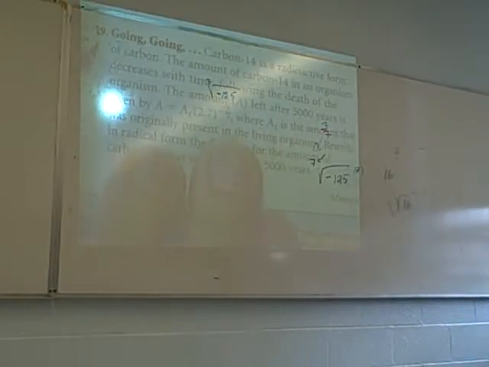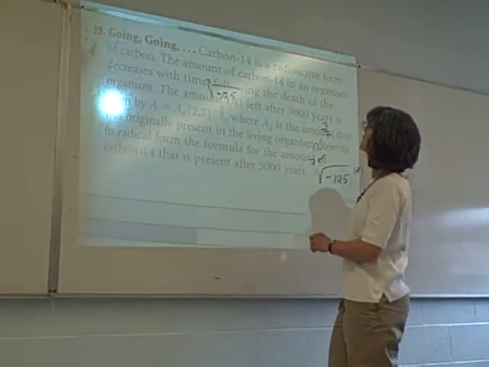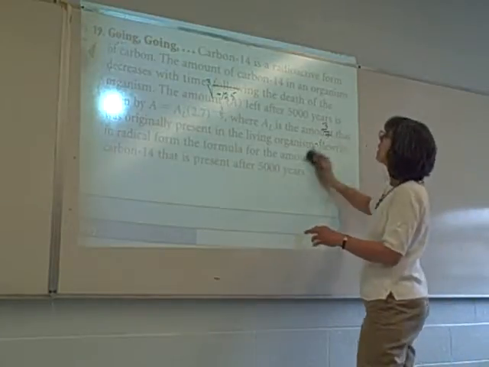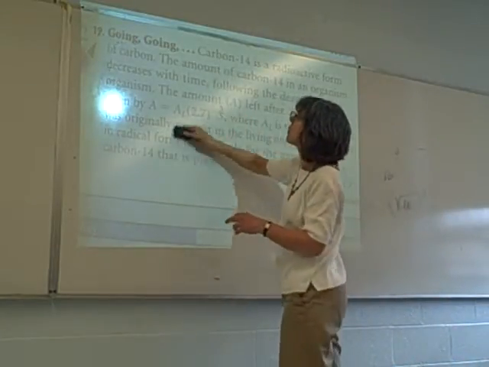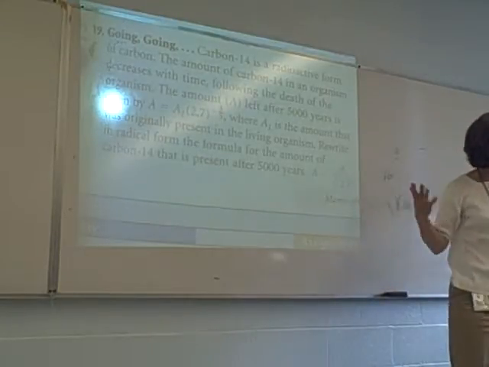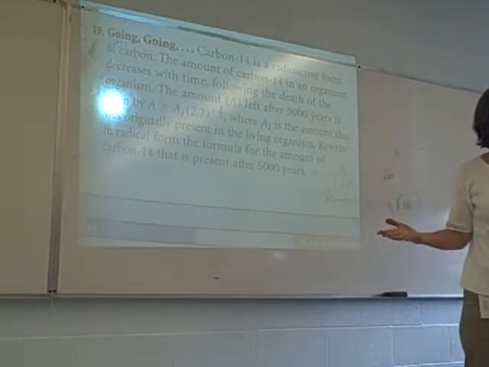All right. Carbon 14 is a radioactive form of carbon. The amount of carbon 14 in an organism decreases with time following the death of the organism. Does that make sense to everybody? Okay?